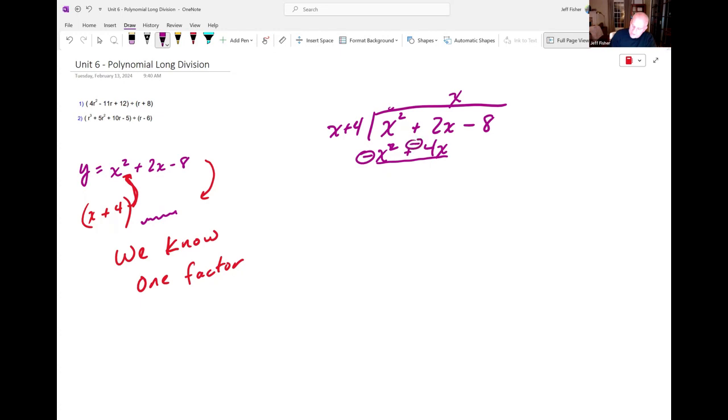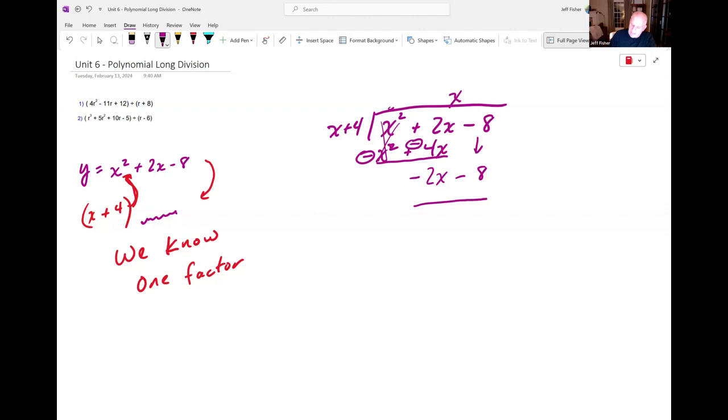And whenever we subtract, I change the sign to show how to do it. To make sure we get it straight, I make sure I show a different sign for subtraction. And then we're just going to put these together. X squared minus x squared is 0. And 2x minus 4x is a negative 2x. Now we bring down our -8.